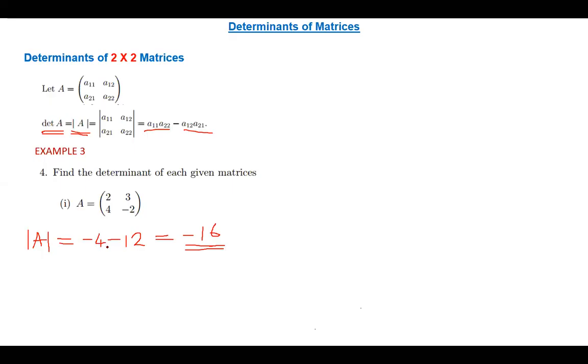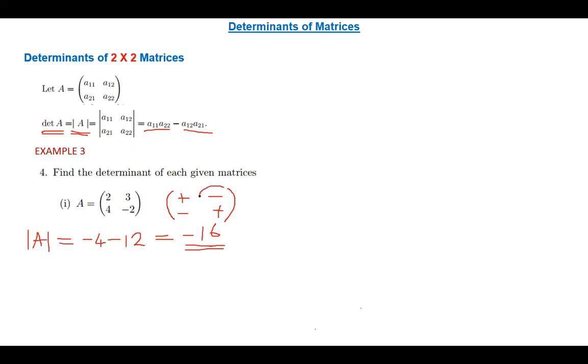And one may be wondering, why do we always put this minus here? Why is it there? So this minus there comes from this matrix of cofactors, which has a positive, a minus, a minus there, and a positive.